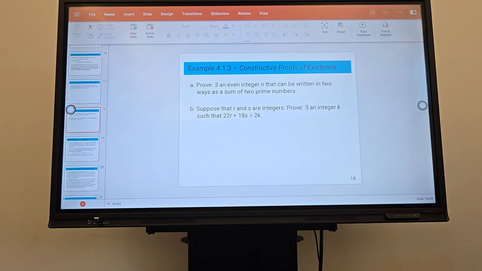What's a number that can be represented as a sum of 2 prime numbers two different ways? You said 4? 4 can only be represented one way as a sum of 2 primes, 2 and 2. 3 and 1 is not a prime, so can't use that one.